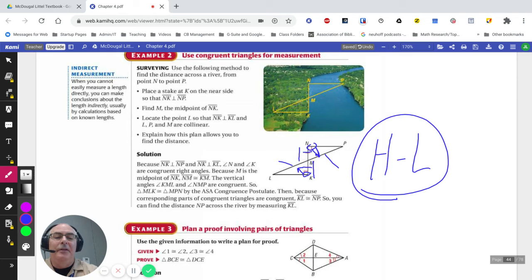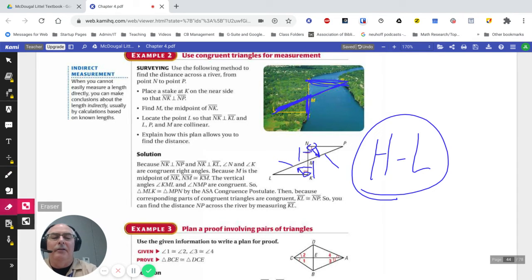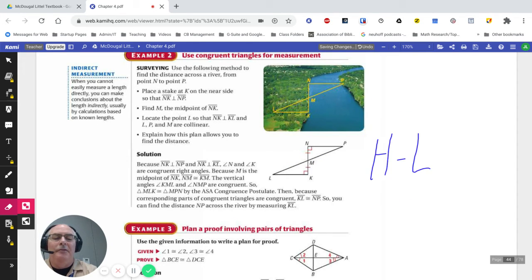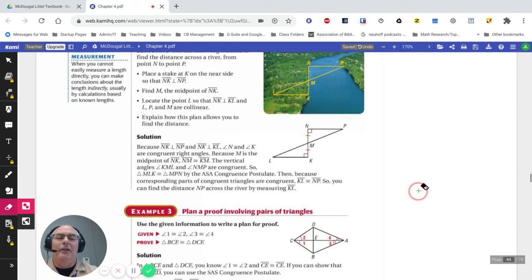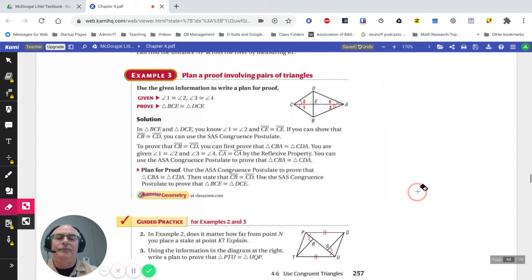And if I was given some information on the drawing, potentially that information or that information, I could find the total distance and even how far if I was to go directly across the river. So what I have to do, again, is break my drawing down to the pieces that I understand and then figure out what to apply to it.